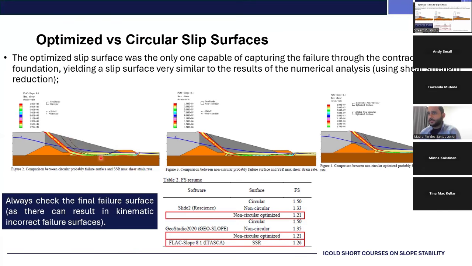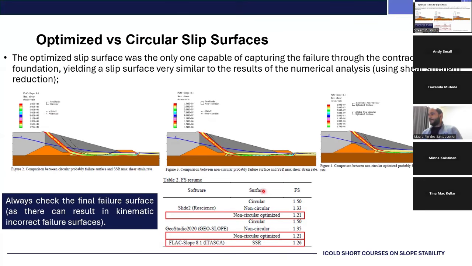Those are circular slip surfaces in GeoStudio, in Slide. And you have the FLAC strain rate here going through the material, which is the slip surface the FLAC was giving. And the optimized slip surface for this case was able to capture that more complex movement, more complex slip surface.